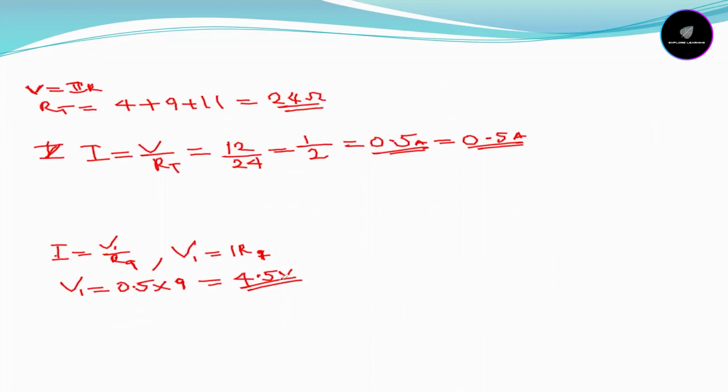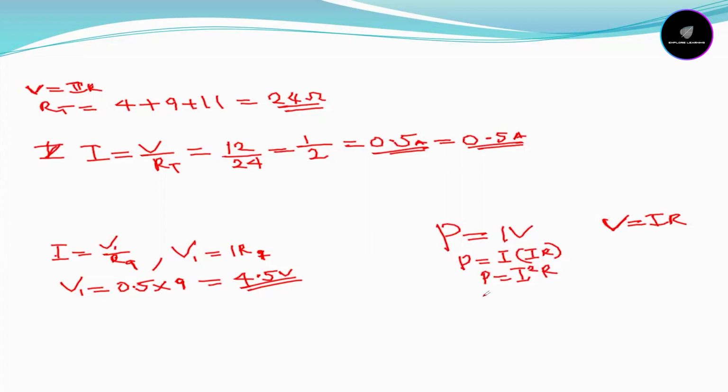For us to get the power, power equals I multiplied by V. Now from Ohm's law, V equals IR. So if we replace V with IR in the power equation, we have P equal to I multiplied by IR, which gives P equal to I squared multiplied by R. This is the right formula because we are considering the 11 ohm resistor.